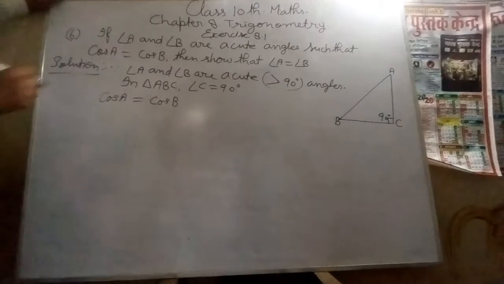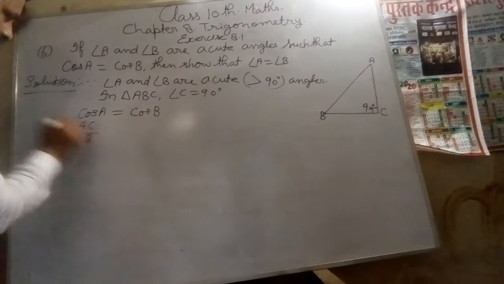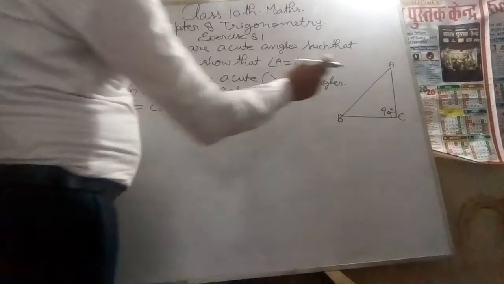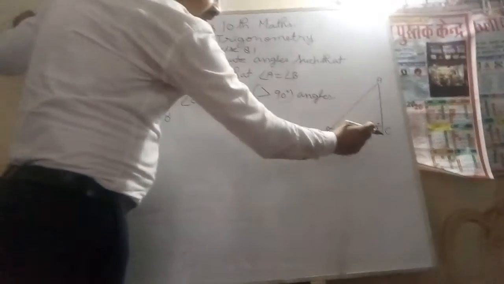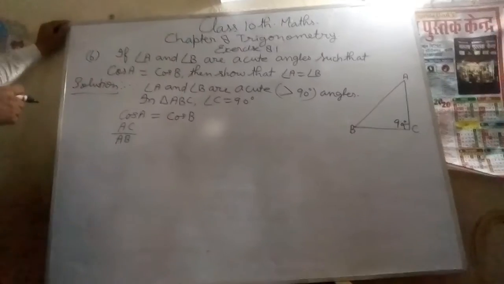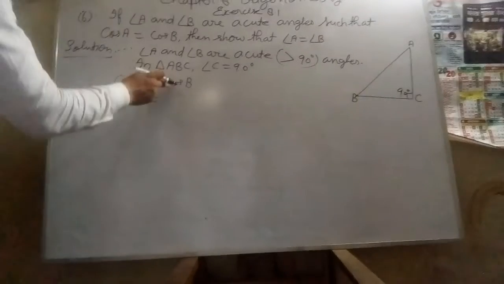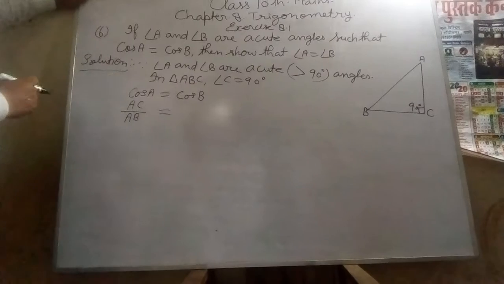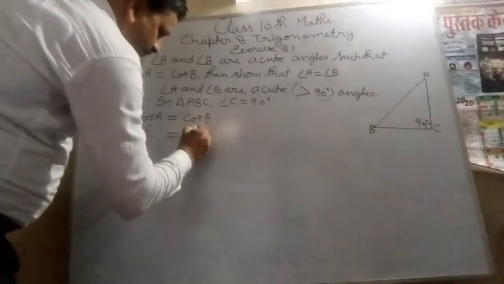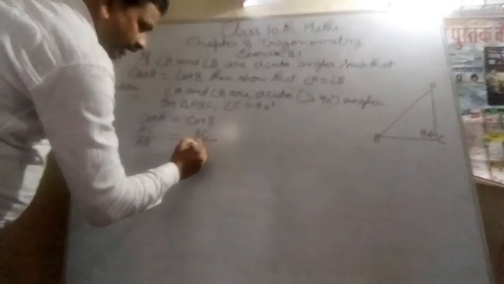So cos A equal to AC upon AB. For cos of angle A, AC is base and AB is hypotenuse, so base upon hypotenuse is cos A, equal to cos B, means BC upon AB.